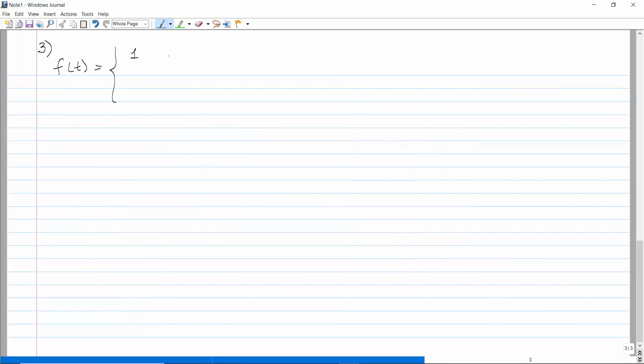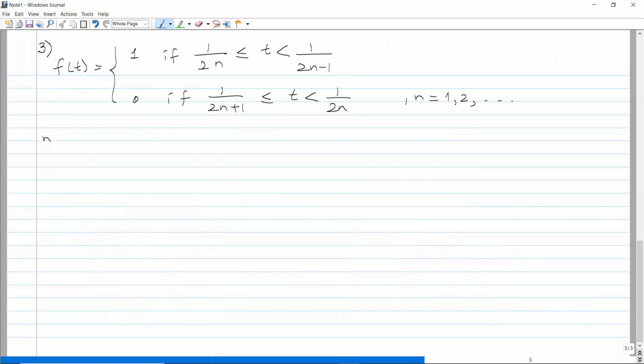It is 1 if t is in the interval 1/2n to 1 over 2n minus 1, and 0 if t is in the interval 1 over 2n plus 1 to 1 over 2n. Here n goes from 1 to infinity. So this function is not piecewise continuous.